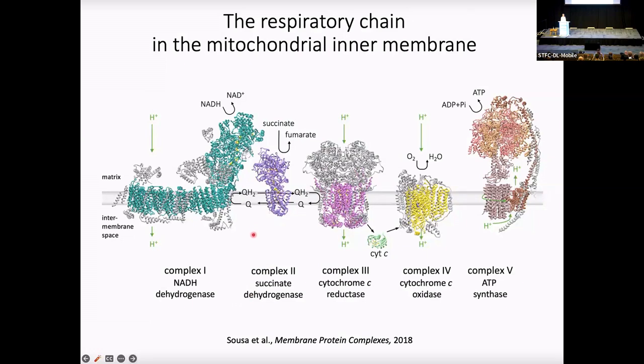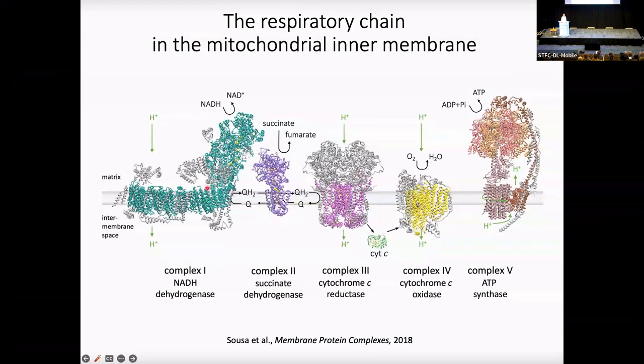We know a lot about them already, but the most questions are still about the most complex, complex 1, which transfers electrons from NADH to ubiquinone and transports 4 protons across the membrane.